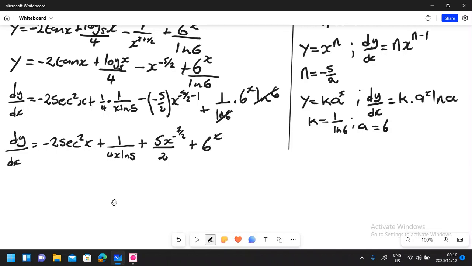Right. Now, remember, whenever we solve this problem, never ever leave your answer with a negative exponent. And also, if it's a fraction exponent, we need to leave it in surd form. So we have to first change this into a positive exponent.